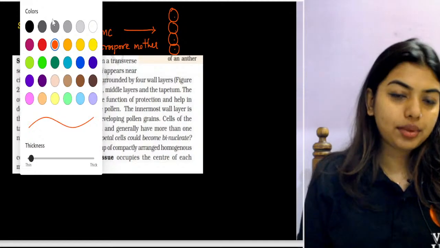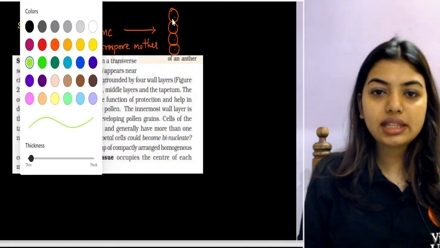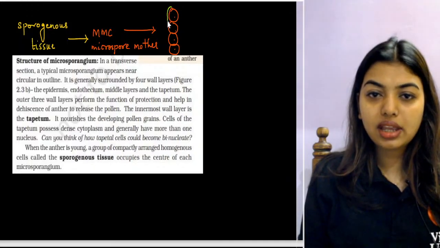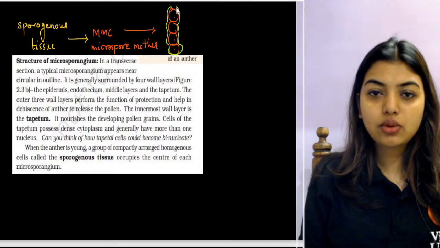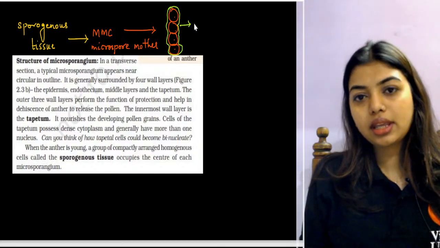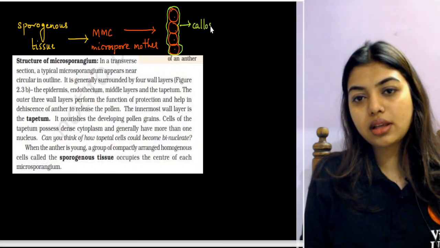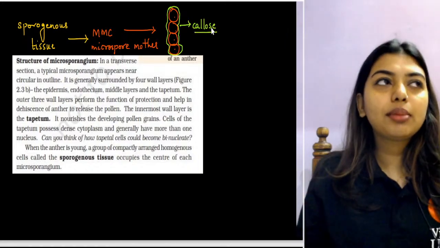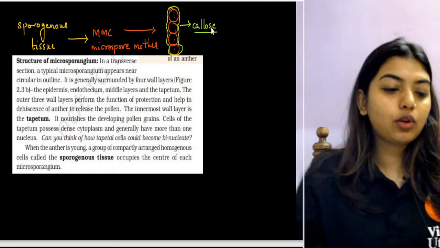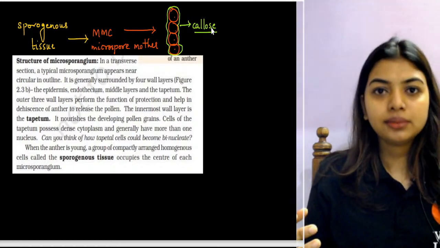But there is a problem. The issue that I told you yesterday was that there is a callose layer coating this microspore tetrad. Now imagine if 4 of us are there and all 4 of us are stuck by something.